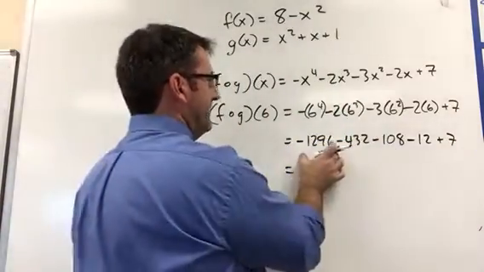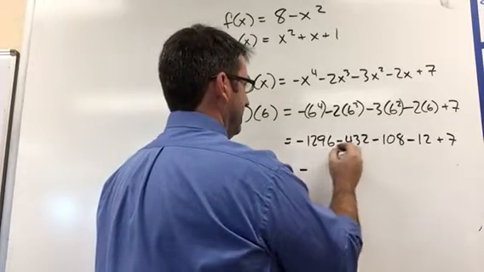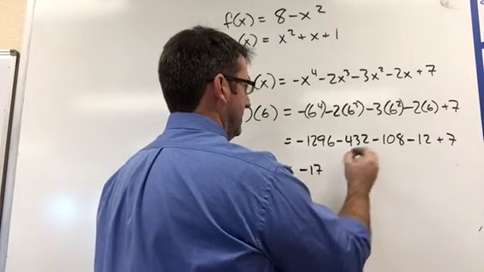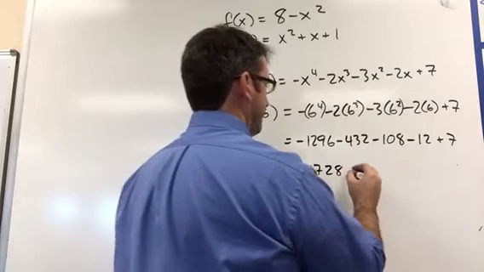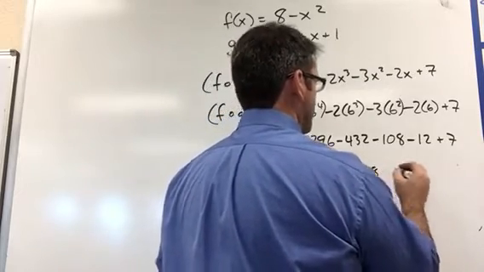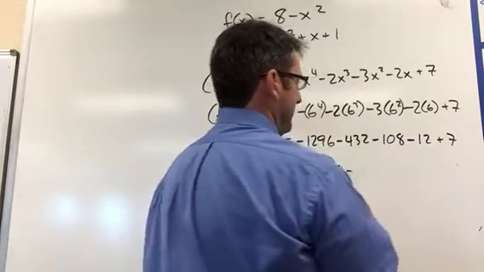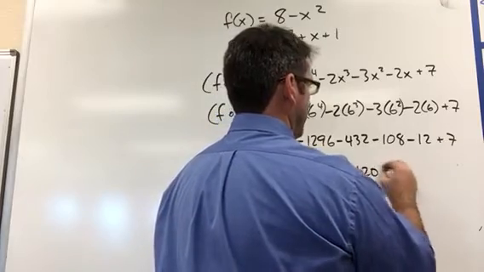Negative 1296 minus 432 is negative 1728. Negative 108 minus 12 is negative 120.